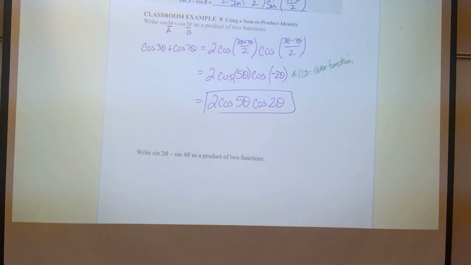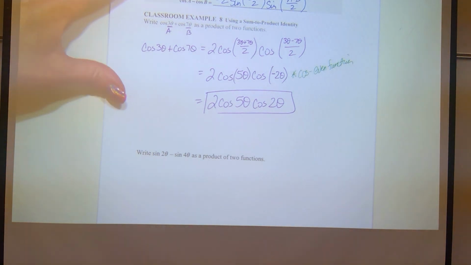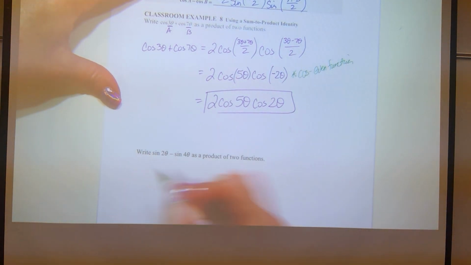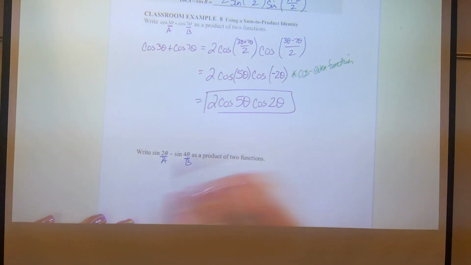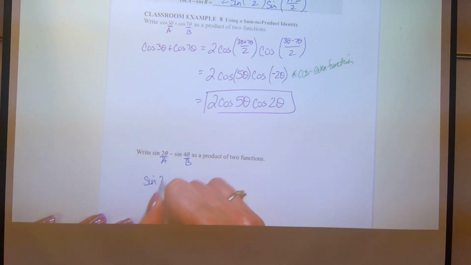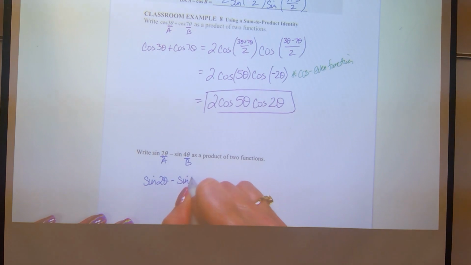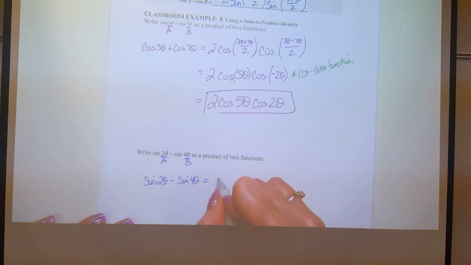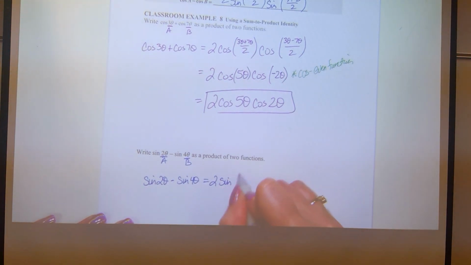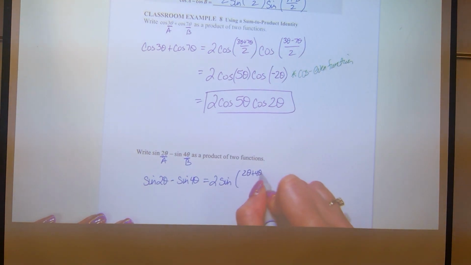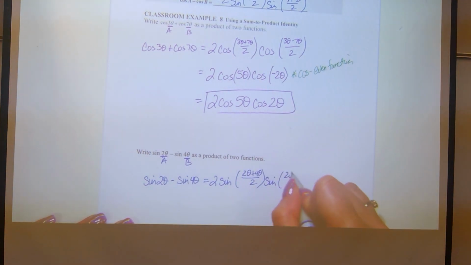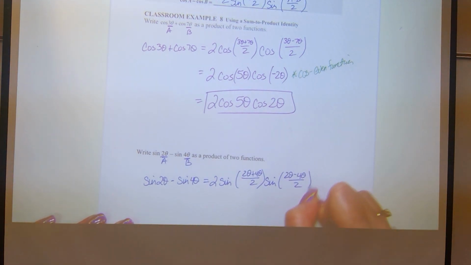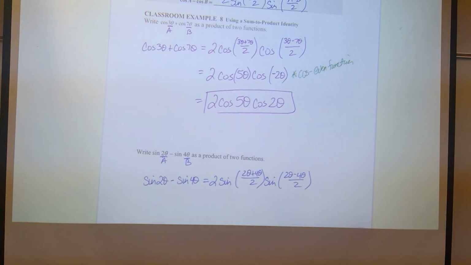Sine of 2 theta minus sine of 4 theta is that difference of sines, the second identity, where 2 theta is A and 4 theta is B. Order matters.